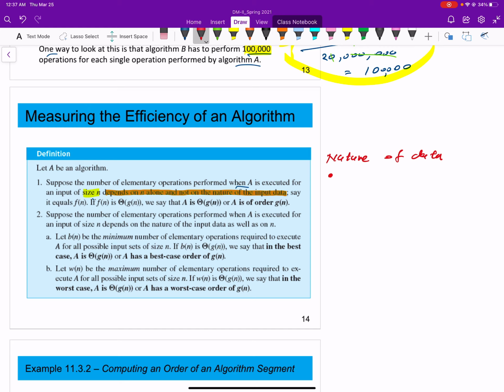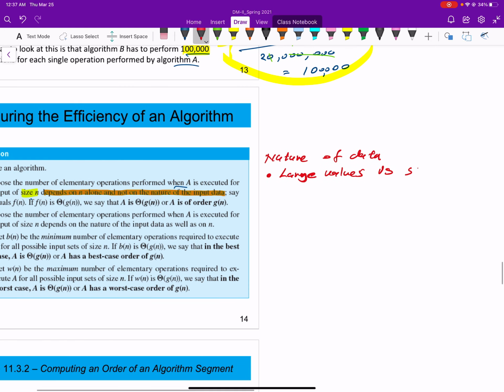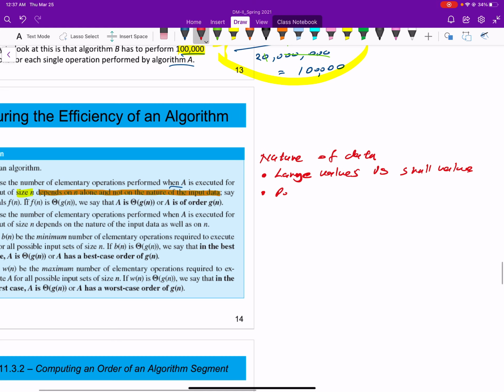It might be large values versus small values. In the next case, it will be positive values versus negative values.